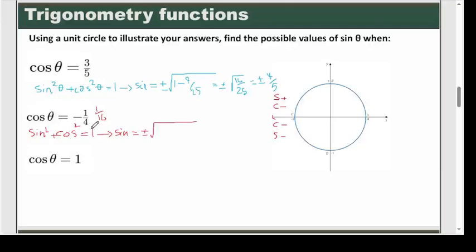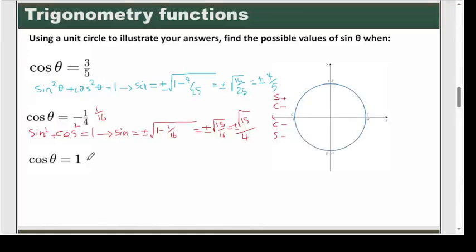So I will have 1 minus 1 over 16, which is 15 over 16, so positive or negative the square root of 15 over 16, which is positive or negative the square root of 15 over 4.